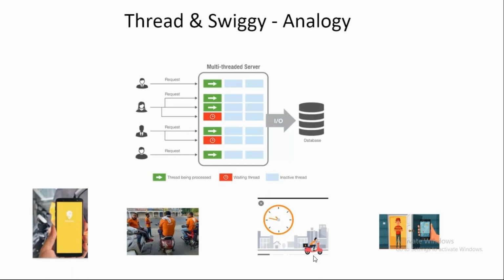And sometimes there will be a peak period. The peak period could be in the morning, say 8 to 9, or evening 7 to 9, right? The way Swiggy would handle this peak period is that in the morning and the late evening, they would appoint more people, say 10 people in that area.